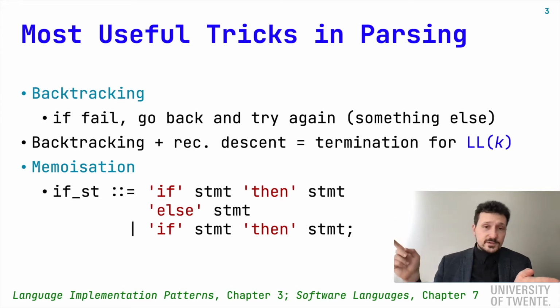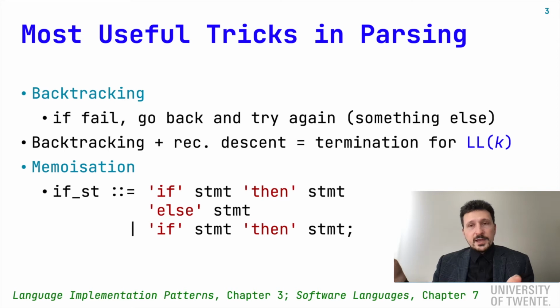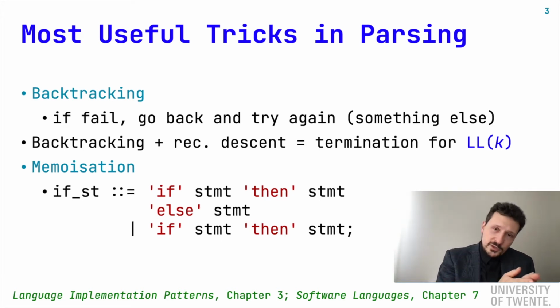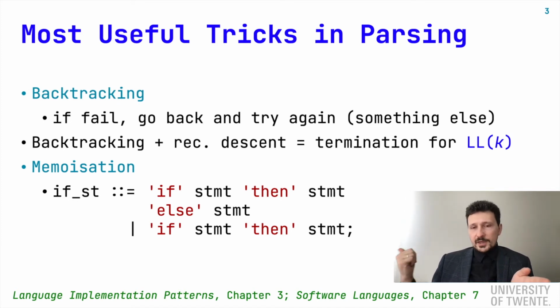Right? So the next time you do, you go back. So in this case, for instance, there is an example with an if statement, which first has the variant with an else part, and second, it has the thing without the else. So if the if-else fails, let's say, then we go back to the point where it was about to consume the if. And then the first four symbols are exactly the same as in the previous part.